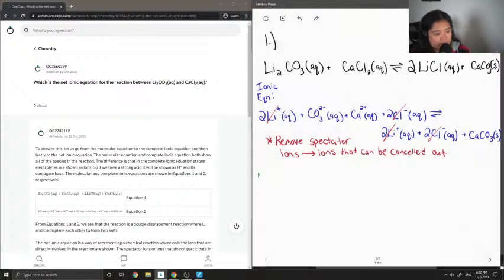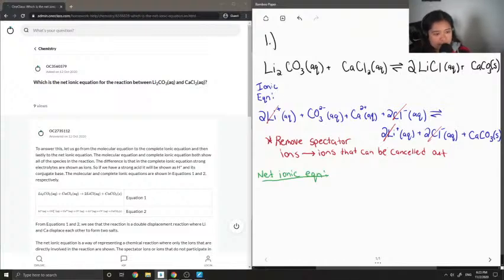Finally, after we remove all the spectator ions, we can write down the net ionic equation. This is what the question is looking for. You can see that it's a multi-step question.